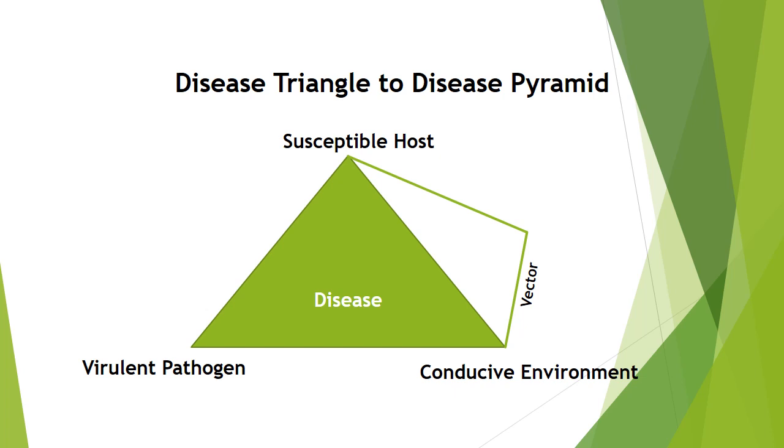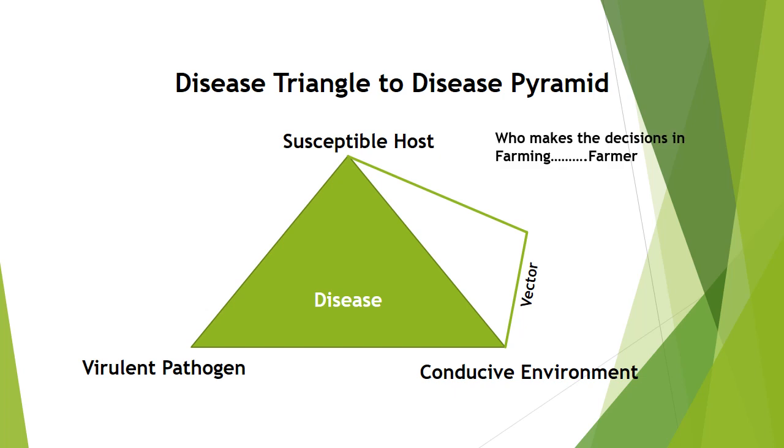Initially, most of the queries were answered and the idea of the disease pyramid was established. But still, there are people who think that when we talk about the disease pyramid, we are ignoring a very important decision maker in a farming system.